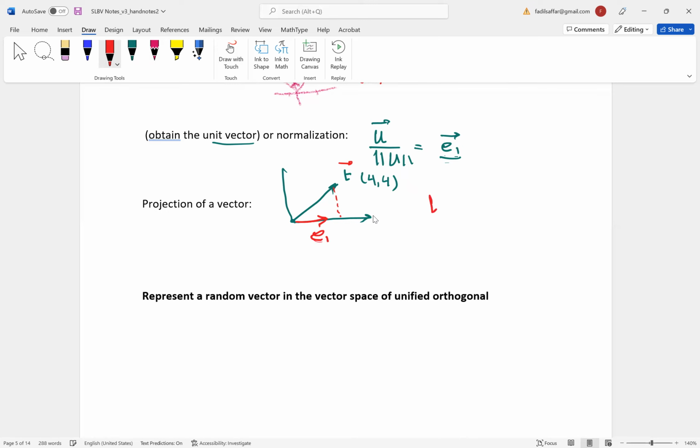That product, t with E1, will give us the projection, and let me call it P1 here. E1 is just (1, 0), so that would be just 4, and it makes sense that this value is 4 and 4, so the projection is 4 here.